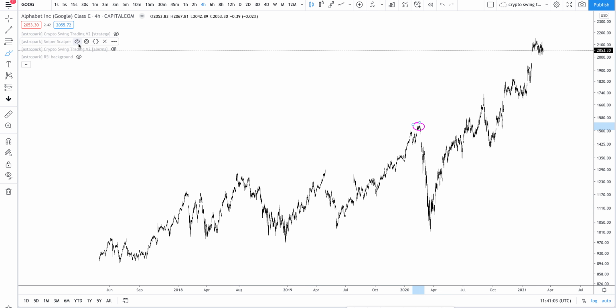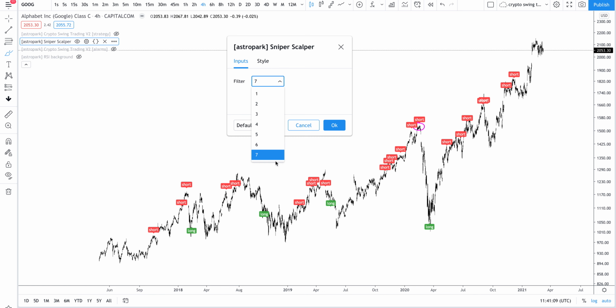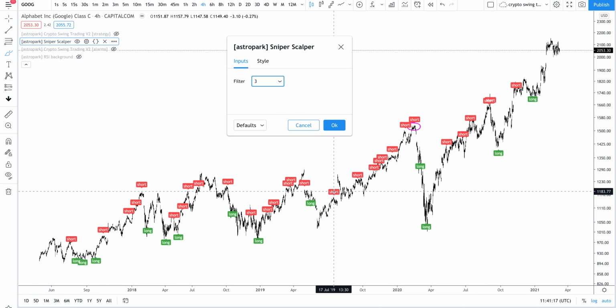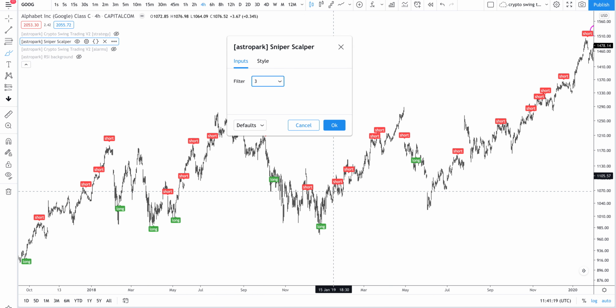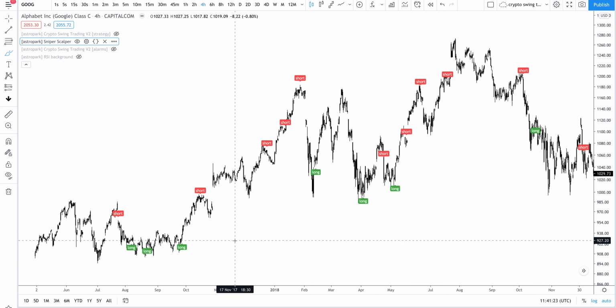One thing I forgot to say about the Sniper Scalper is that you have a filter inside, which currently is at max level. You can change it in order to have more signals, so you can ping pong really much more.